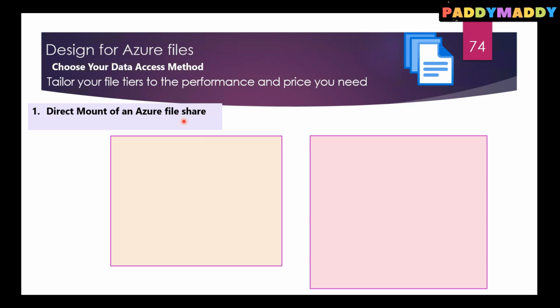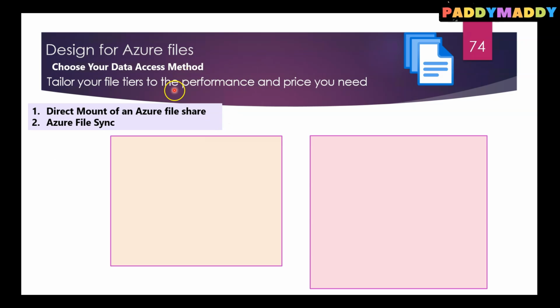It doesn't require managing any file servers or NAS device. That means you don't have to apply any software updates or patching. It's fully redundant and resilient in terms of access, so it's directly available for us.